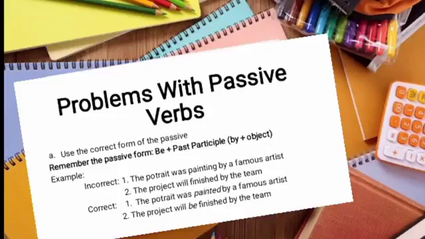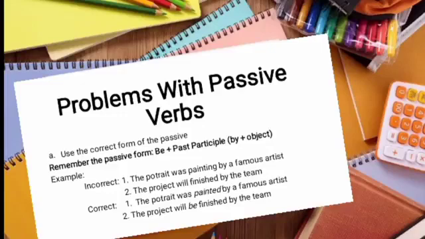Let's see the be. Be here uses was, and after be use verb 3. But this is not verb 3 but verb ing, painting. It should be paint, so the correct one is the portrait was painted by a famous artist. Let's see the second example from the incorrect example. The project will finish by the team.